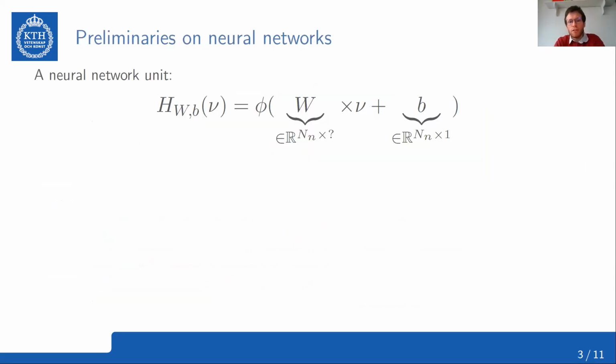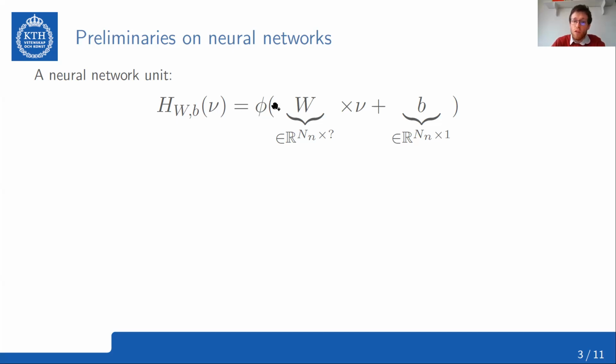Since I don't know what background you are from and I would like to talk to everyone, I would just briefly introduce what a neural network is. So a neural network unit, or a single layer neural network, is a function h, which has two parameters, W and b. W is a matrix and b is a vector, and ν is the input.